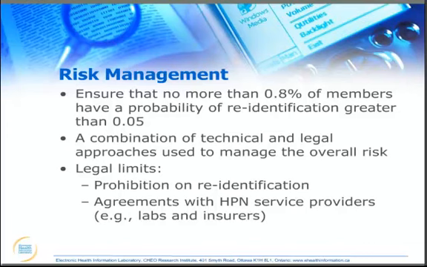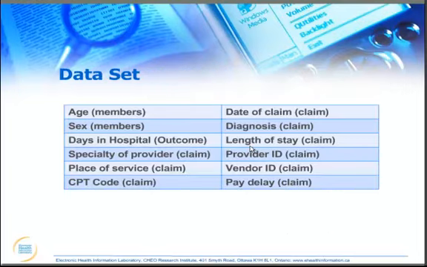The outcome was days in hospital, and then the claims data set included other fields for each claim that the patient had made: specialty of the provider, place of service, the CPT code, which are procedure codes, the date of the claim, diagnosis, the length of stay in days, the provider ID, vendor ID, and pay delay, which is the time it took to receive payment from the insurer of the patient. These are not individuals paying; it's their insurer that would be paying.